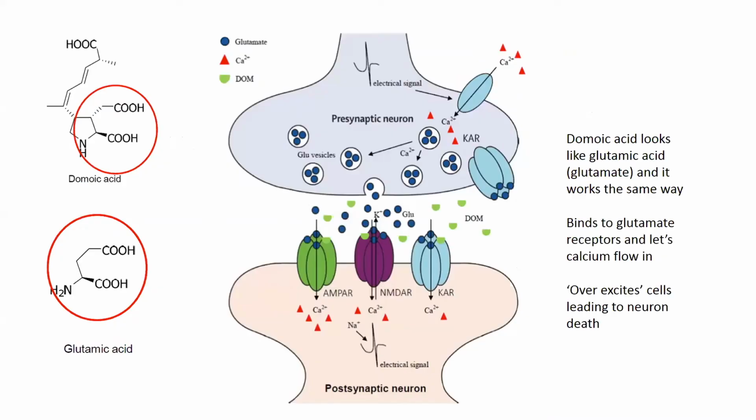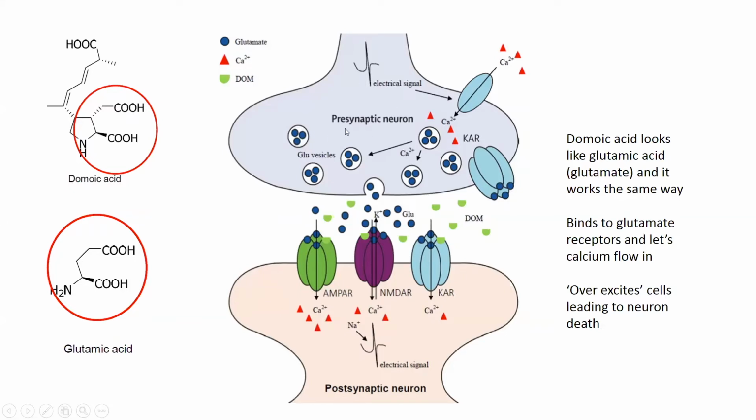Okay, so how does domoic acid work in the human body? If you look at the left side of the screen here, the domoic acid, the nitrogen, and these two carboxylic acid groups look very, very much like glutamic acid. In fact, if you put your hand over this left side, they are identical. Glutamate, or glutamic acid, is a very important neurotransmitter compound. The glutamic acid is packaged into vesicles in your neurons.